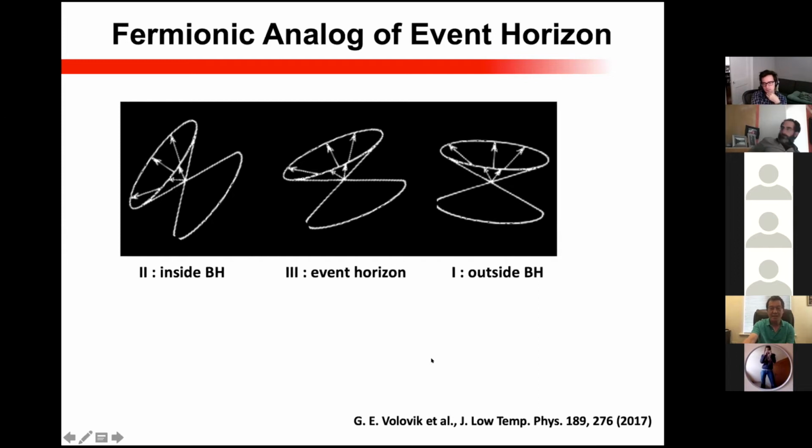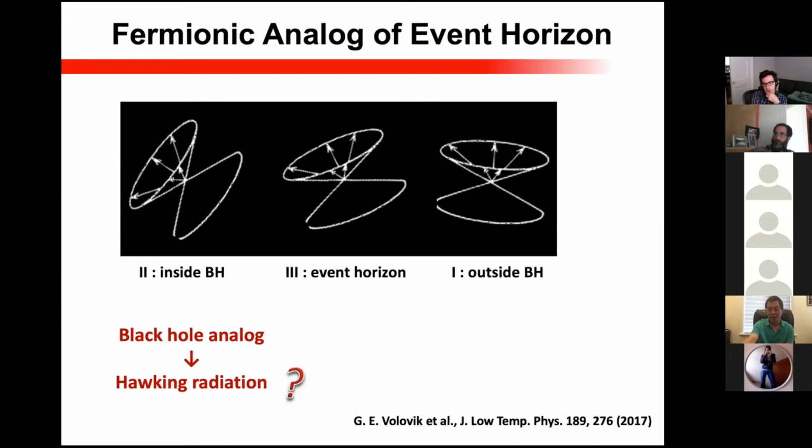Similarly, this analog can then lead to Hawking radiation, but it's a fermionic analog. Therefore, the interaction is strong, and the Hawking temperature may be much higher than in the other analogs proposed.